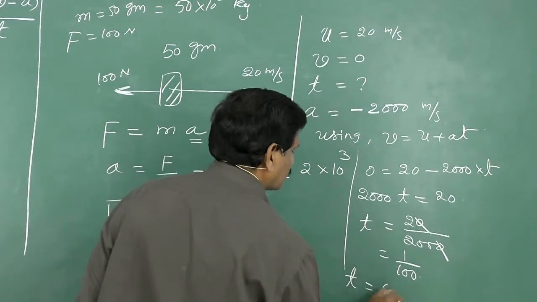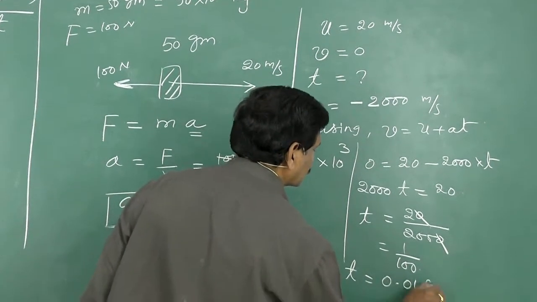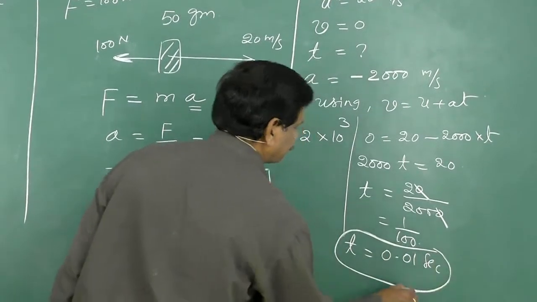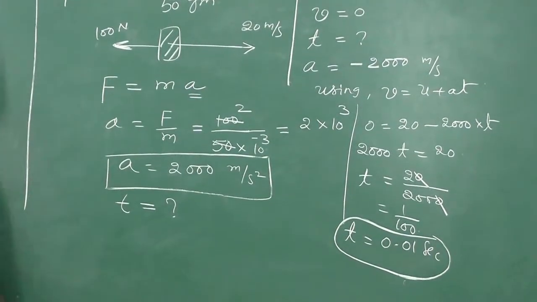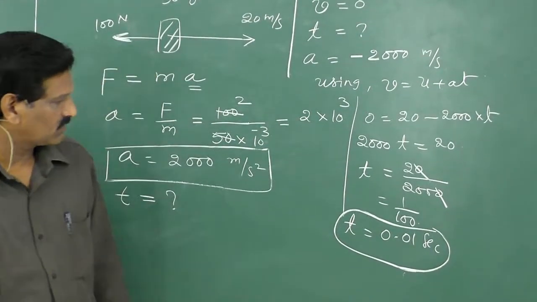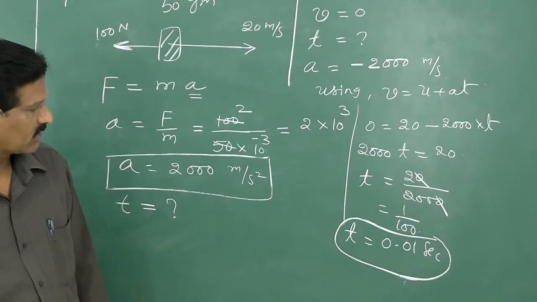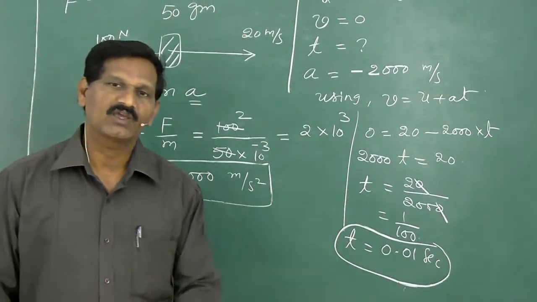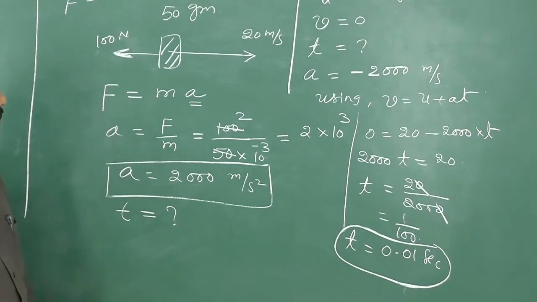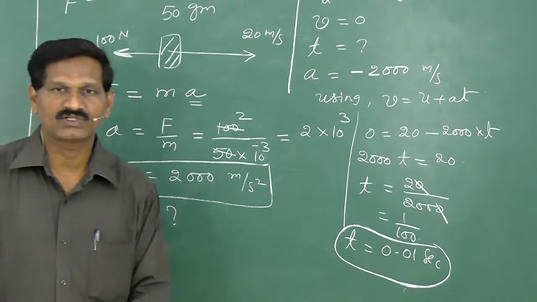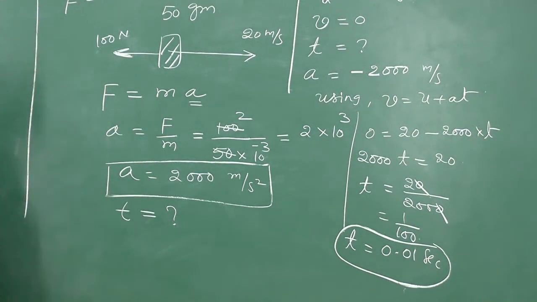Therefore, t is equal to 0.01 second. So, during a time of 0.01 second, the body comes to a stop when a retarding force of 100 Newton is applied. So, this is the answer.